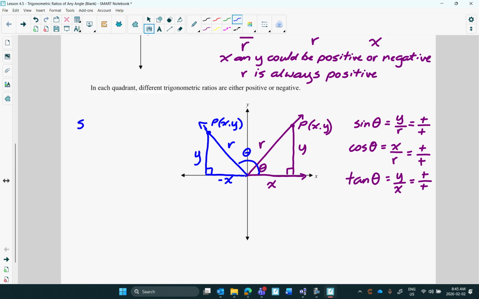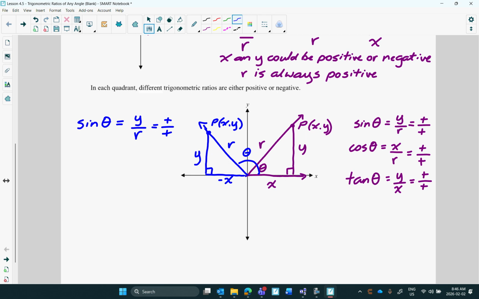So what does that mean for the trig ratios? That means in quadrant 2, the sine of an angle will once again be y over r, positive over positive. This is why, if I was to say find the sine of 30 degrees using a calculator, I'd get 0.5.